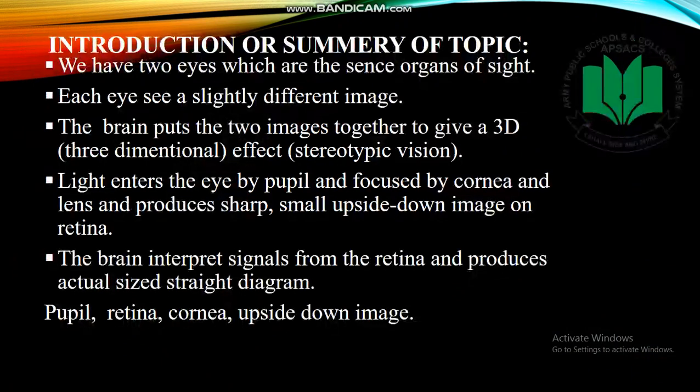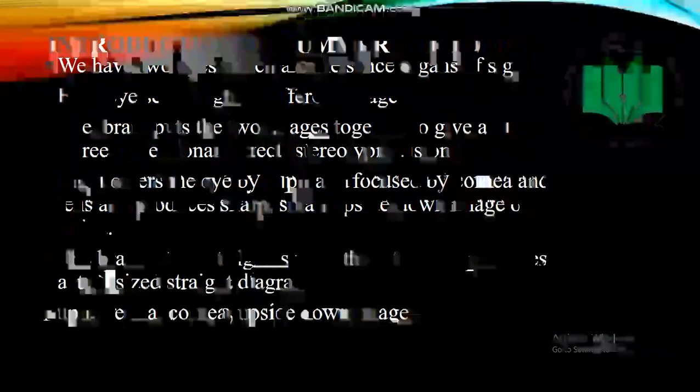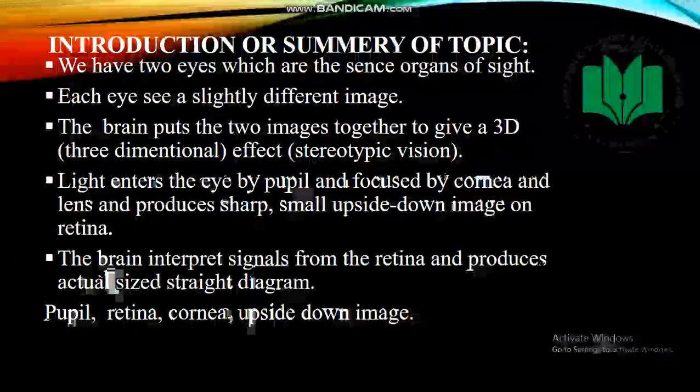Introduction. This video is about the sense organ eye, in which it has been mentioned that we have two eyes, which are the sense organs of sight. Each eye sees a slightly different image.